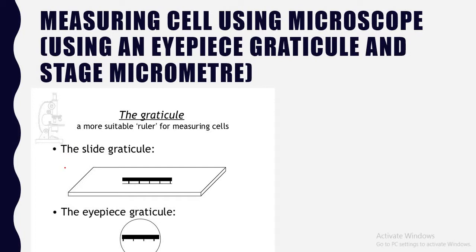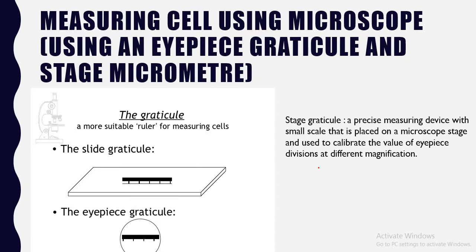So here two things are required: slide graticule and eyepiece graticule. Two different things will be there. Stage graticules are a precise measuring device with small scales that are placed on the microscope stage, and they are used to calibrate the value of the eyepiece division at different magnifications. So the slide graticule is generally your stage micrometer, which is used for calibration purposes.